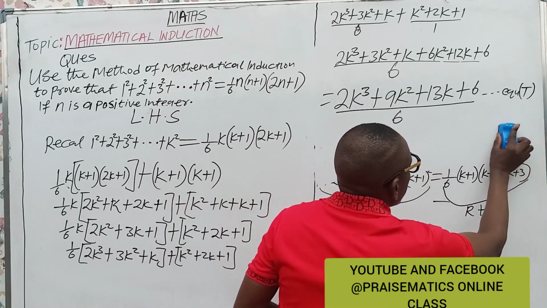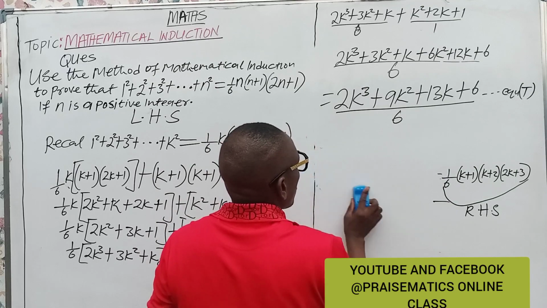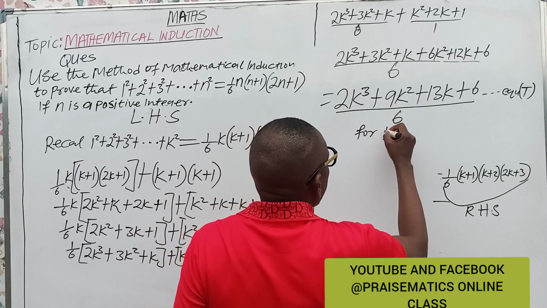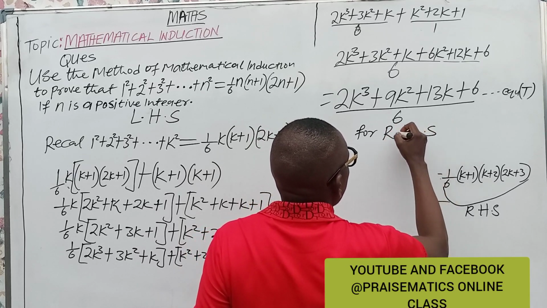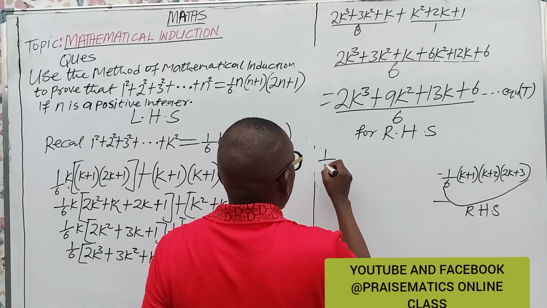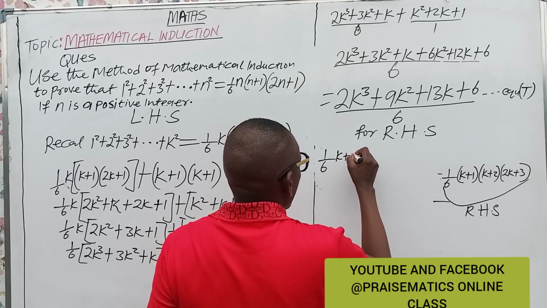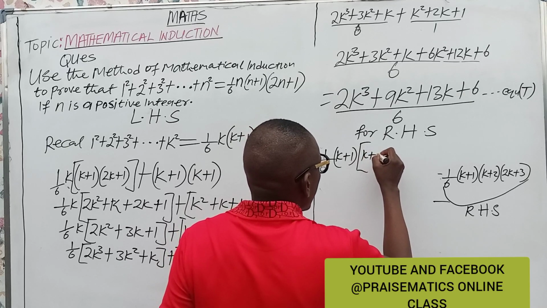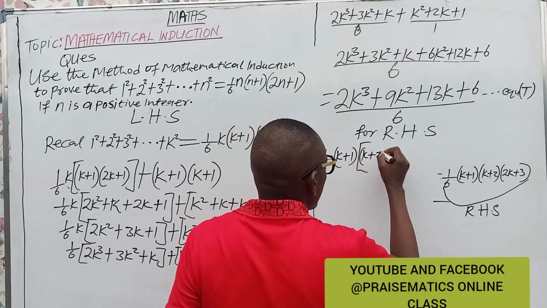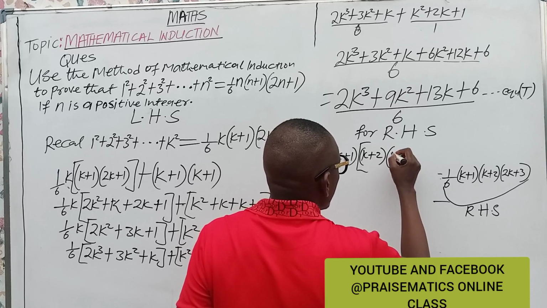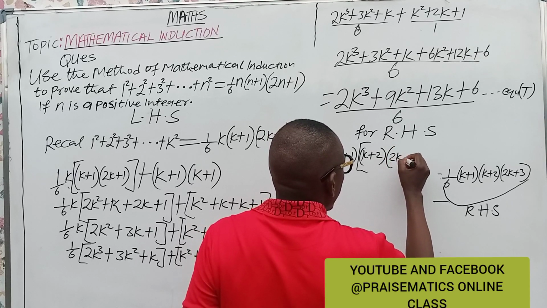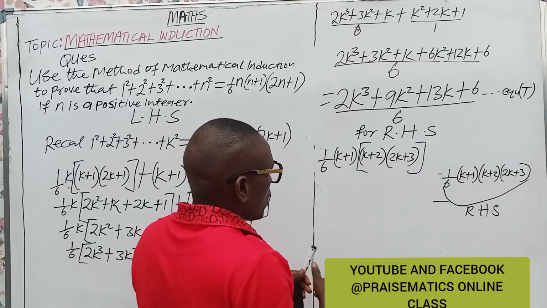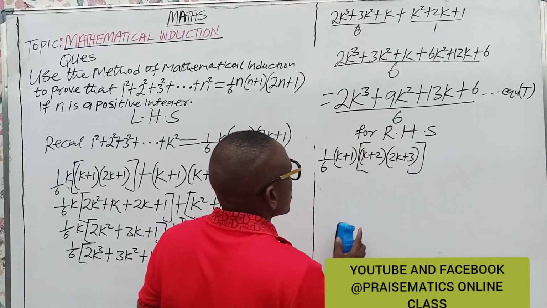So now let's go to the right hand side and see whether we are going to expand and get the same thing. For the right hand side we have 1 over 6 (k plus 1) close it, into (k plus 1 plus 1) into (2(k plus 1) plus 1), which is (2k plus 3), close it. So a very big bracket. Now we expand.